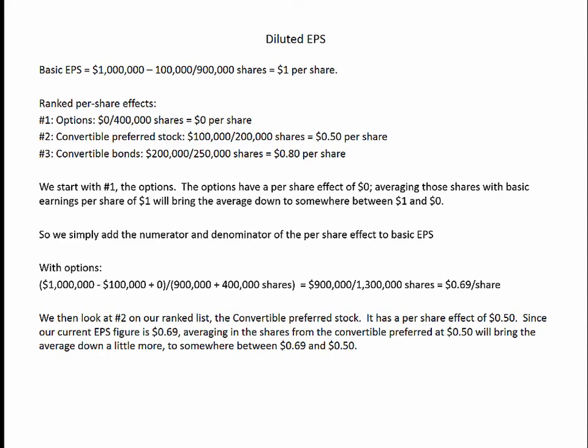Currently, the 69 cents per share is based on 1.3 million shares. We're only bringing in an additional 200,000 shares, so the dilution is not going to be that great, but it will bring the earnings per share down. Again, we add the numerator and the denominator of the per share effect to the current earnings per share.